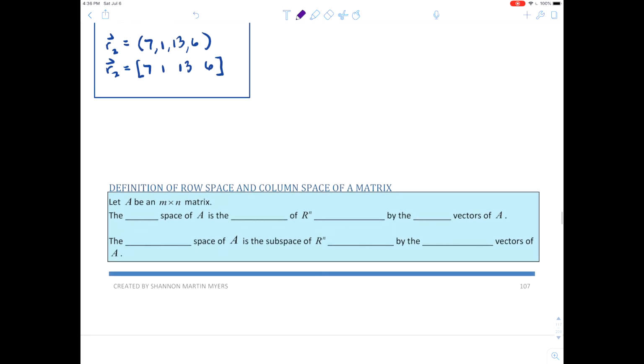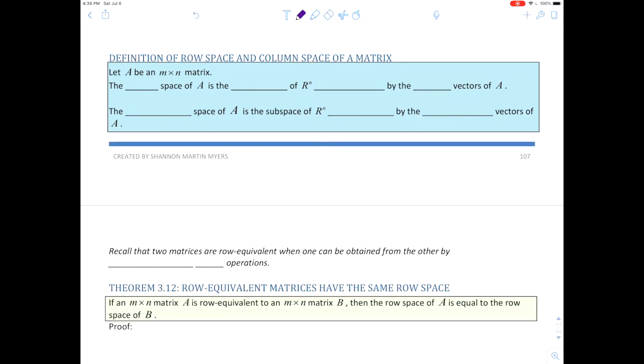Very good. Now, the definition of row space and column space of a matrix is as follows. Let A be an M by N matrix.